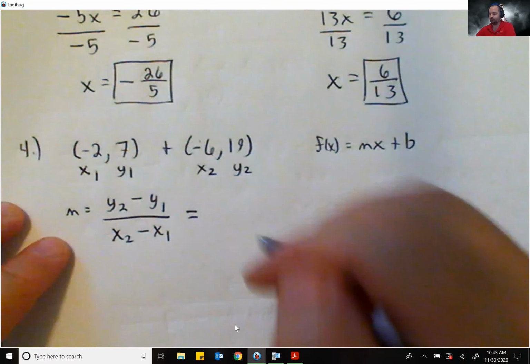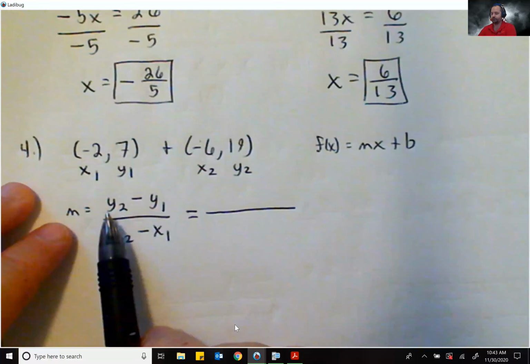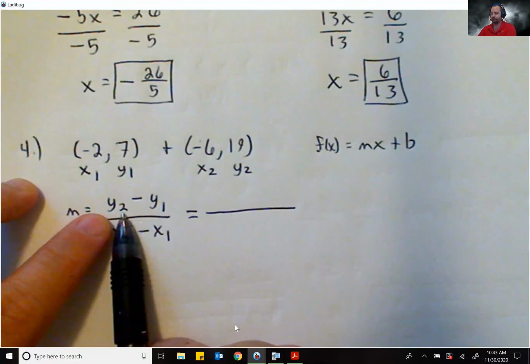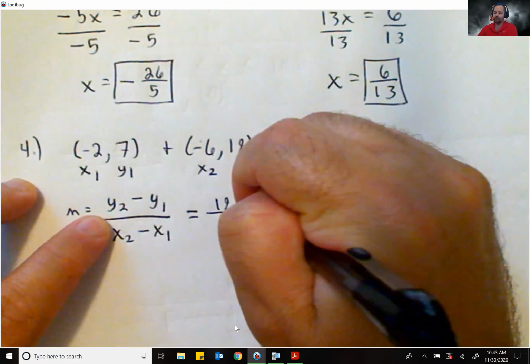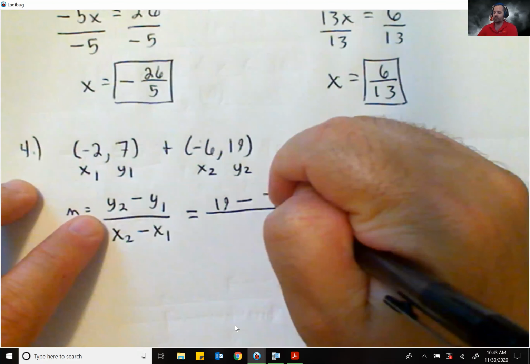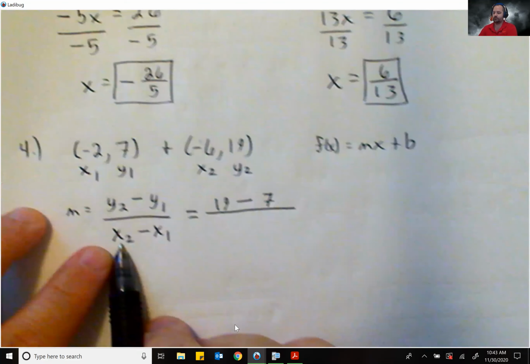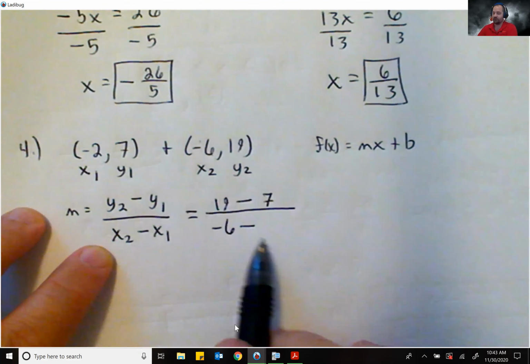So let's fill in. What is our y2? 19. Minus, what's our y1? 7. Okay. What's our x2? -6. Minus, because of the formula.